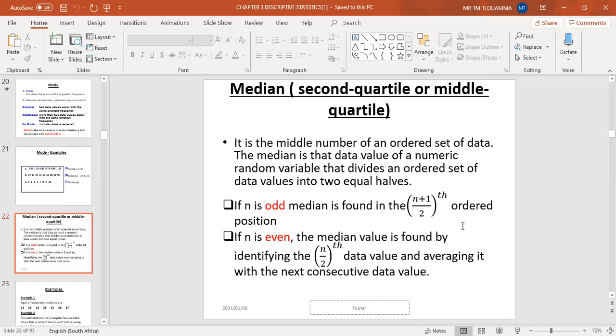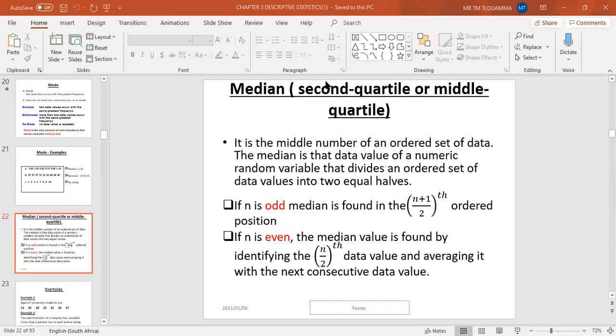So in order for you to identify a median, you don't just wake up and say we are going to look for a median. A median is determined by checking the position.